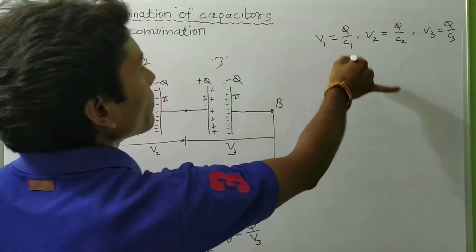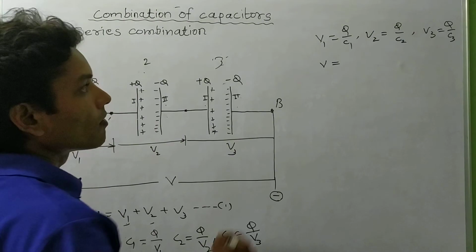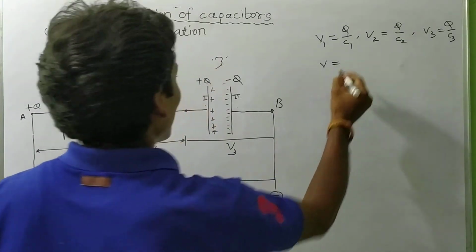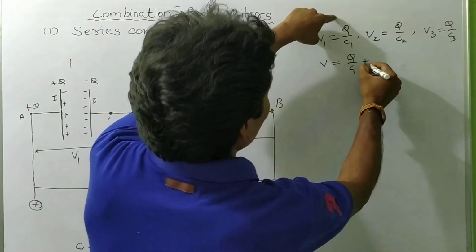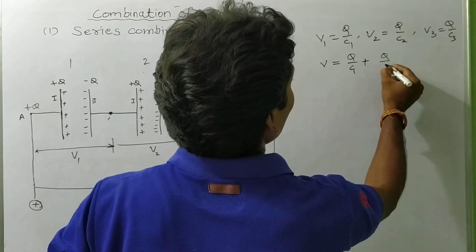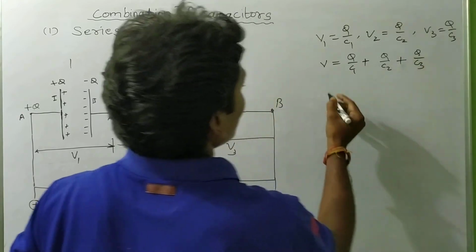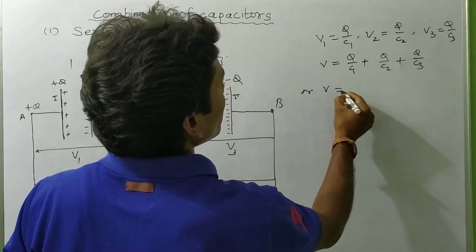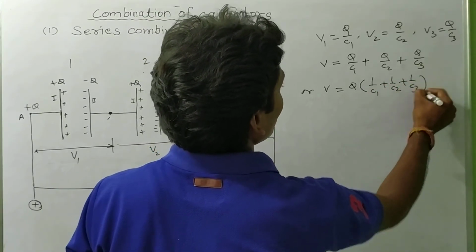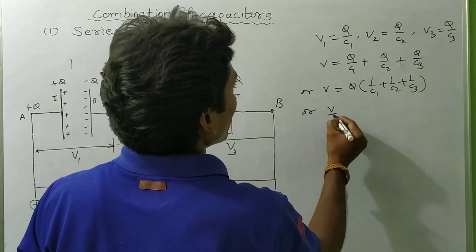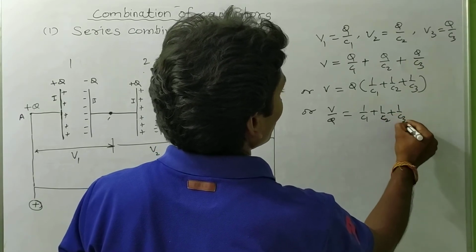On putting the values of V1, V2 and V3 in equation first, we get V equals Q upon C1 plus Q upon C2 plus Q upon C3, or V equals Q times (1 upon C1 plus 1 upon C2 plus 1 upon C3), or V upon Q equals 1 upon C1 plus 1 upon C2 plus 1 upon C3.